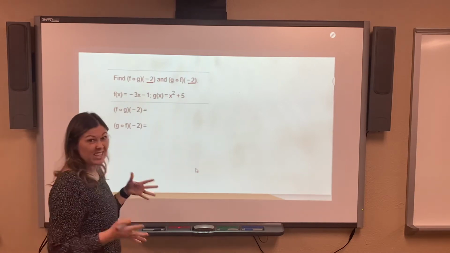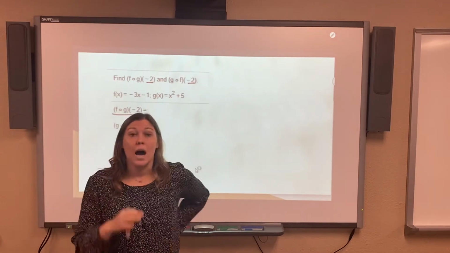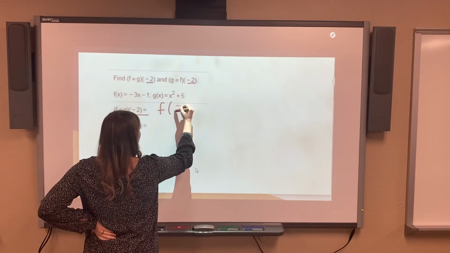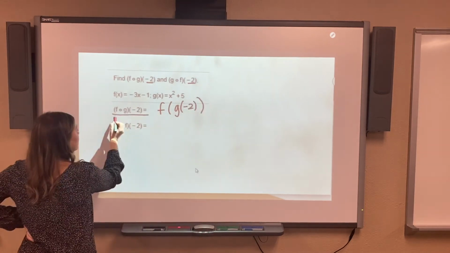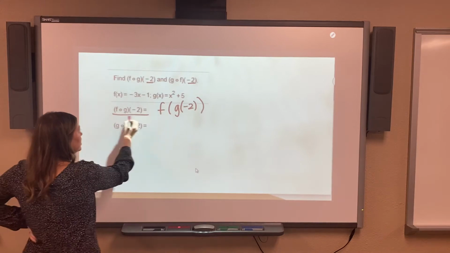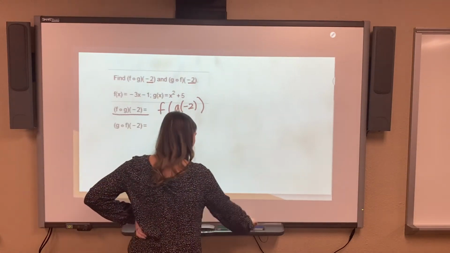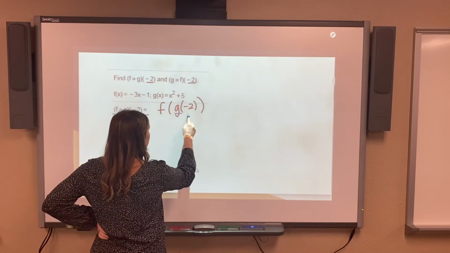So let's just go ahead and get started. First, f of g of -2. I'm going to rewrite this, f of g of -2. All I did was rewrite it left to right, so it looks like this. I always rewrite it. What this says is we're going to work from the inside out.